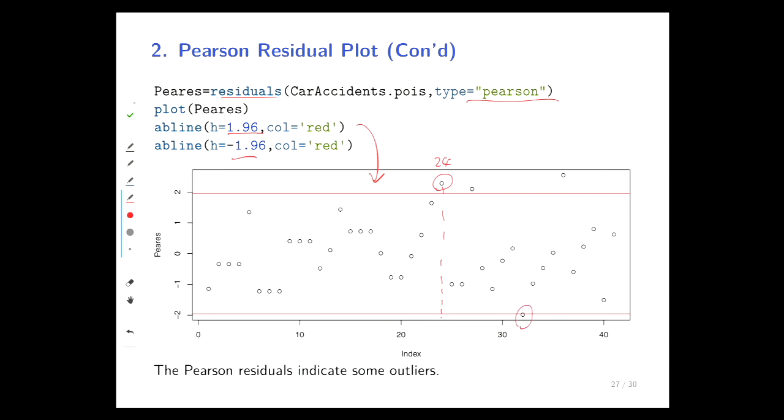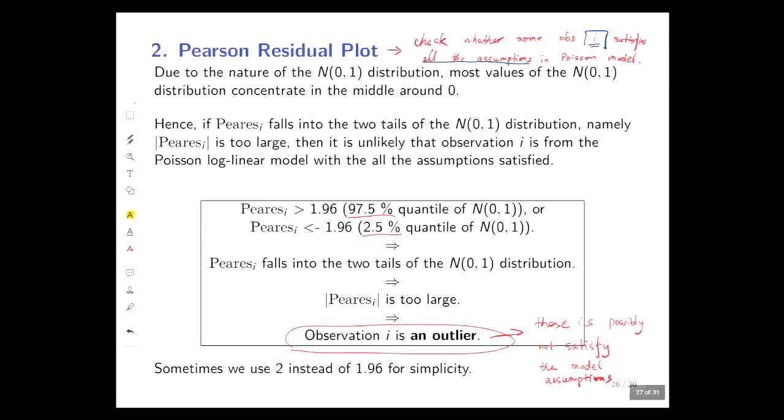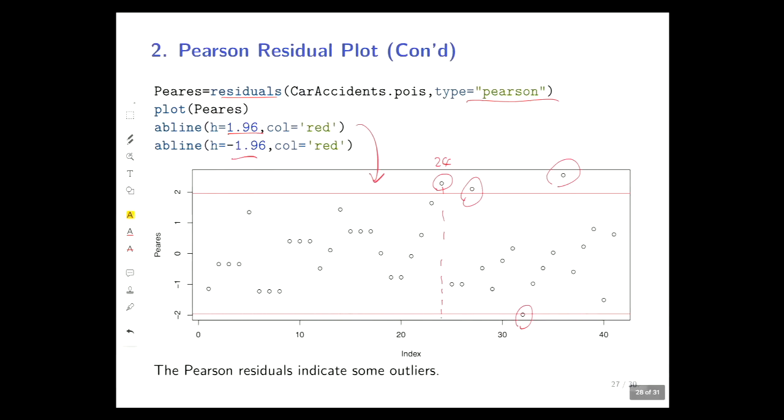So we have some outliers. That means those observations may not satisfy the Poisson log linear regression assumptions. So that's how we use this Pearson residual plot to check whether or not some observations satisfy the assumptions in the Poisson model. And this is about the Pearson residual.